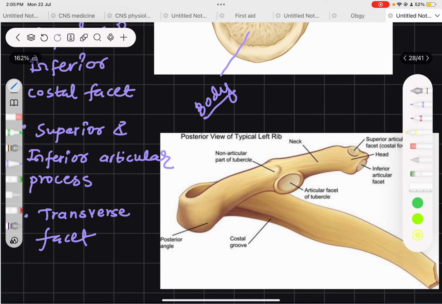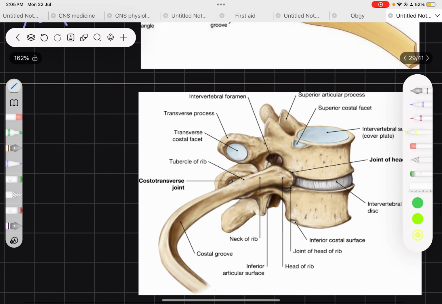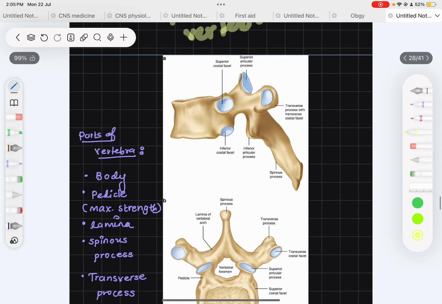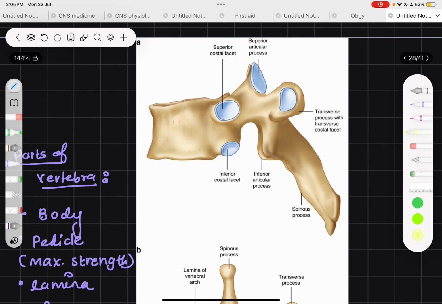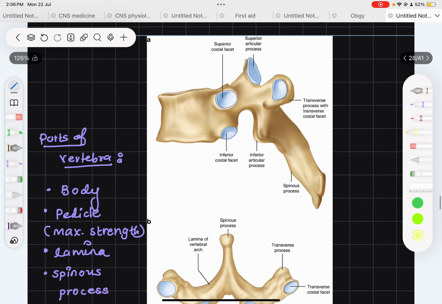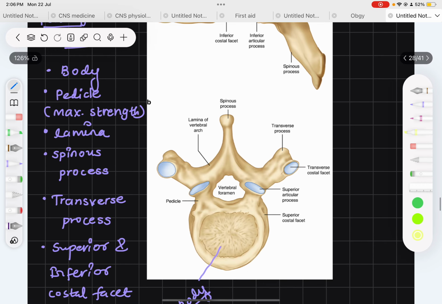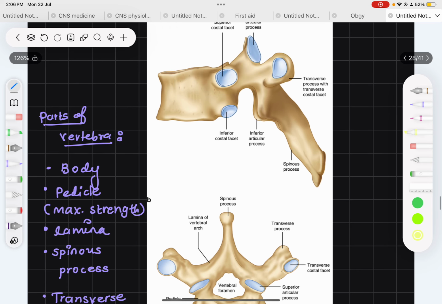Now there are 2 facets to combine with the rib. Let's see. The superior costal facet and inferior costal facet are at the junction of the body and pedicle, and we have talked about the superior articular process and inferior articular process, which are at the lamina, right?